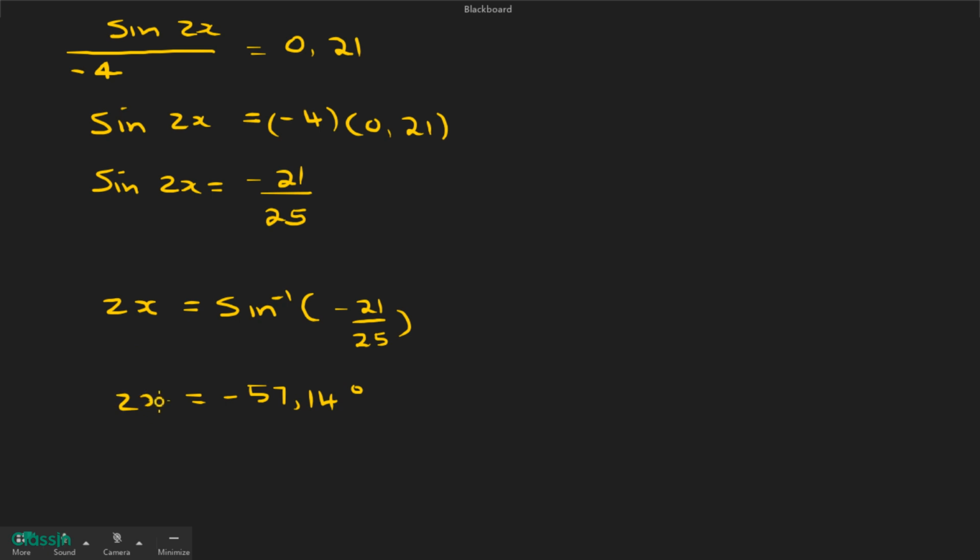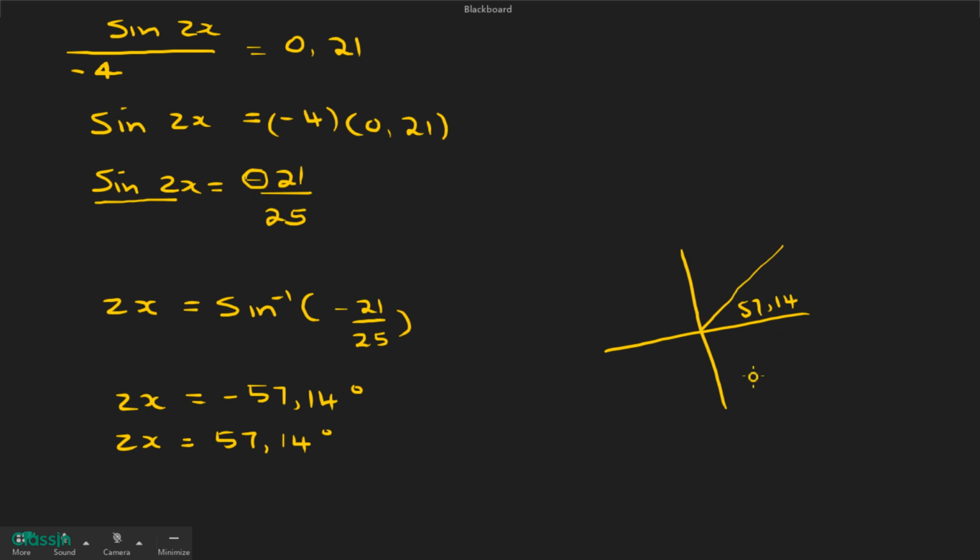But if you check the smallest acute angle that we have, our 2x is equal to 57,14 degrees. So if I draw this Cartesian plane, the angle here is 57,14. But it says that sine must be negative. Where do we find sine negative?